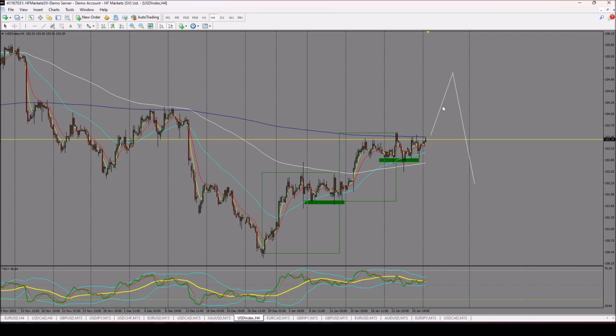So with that information tallying with the technicals, we will have something concrete to base on whatever bias that we have determined.